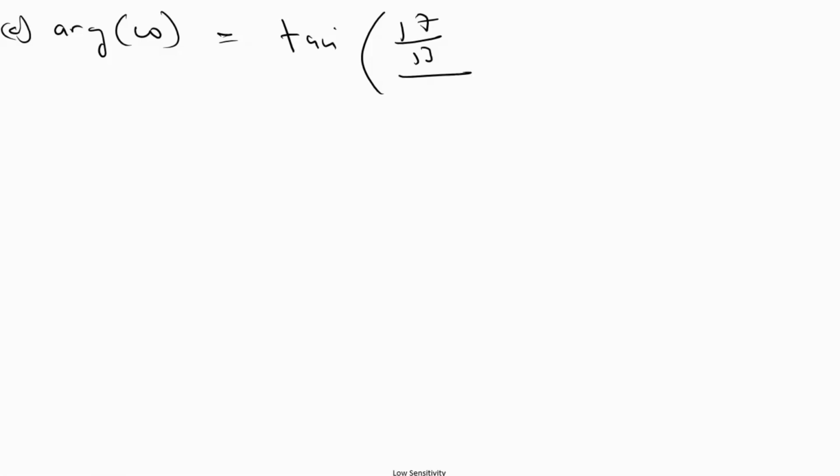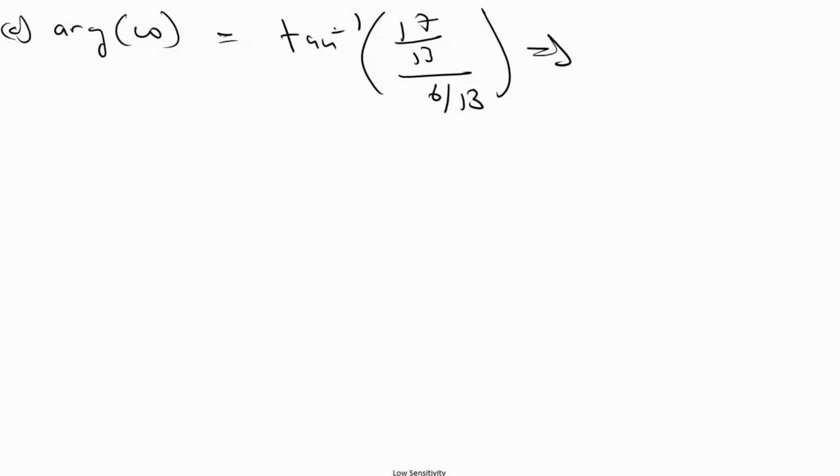So the argument of w is arctan of 17 over 13 divided by 6 over 13.